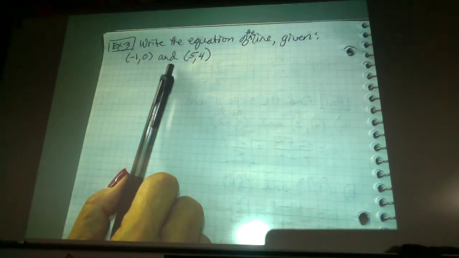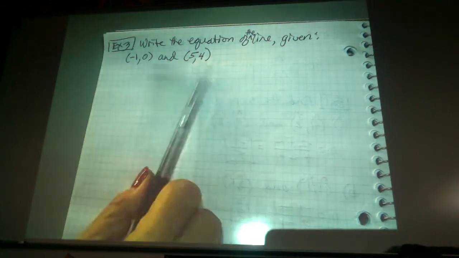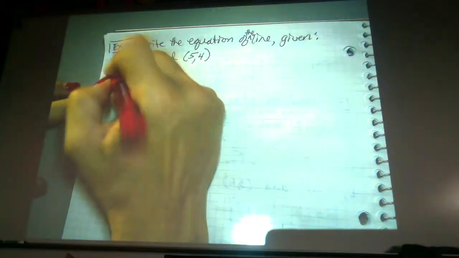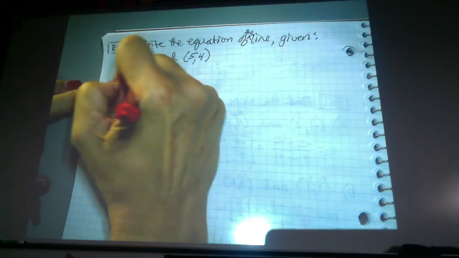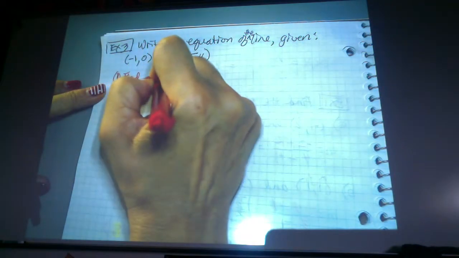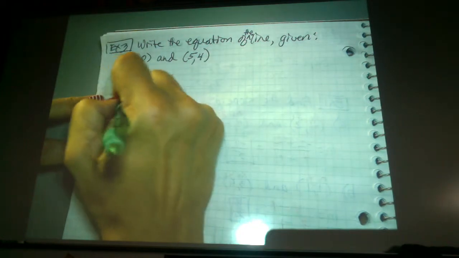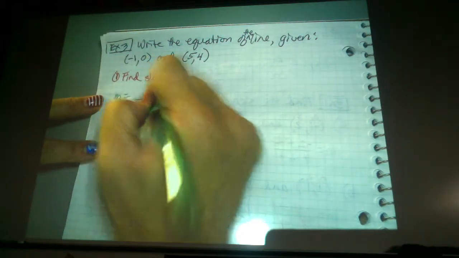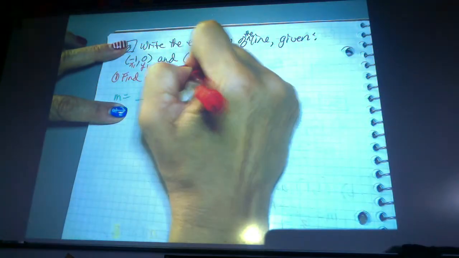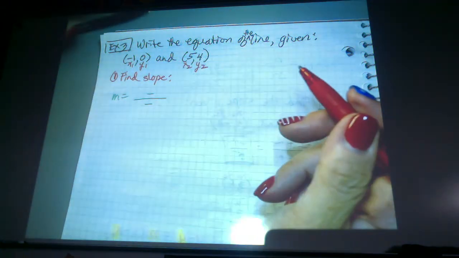But for point slope, I need 1 point and a slope, and I have 2 points. So you're going to use the 2 points to find your slope. So step 1, find slope. Formula to find slope. So I'm going to plug in my values for my y.